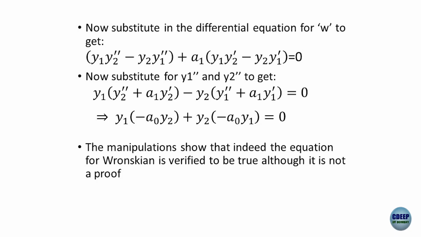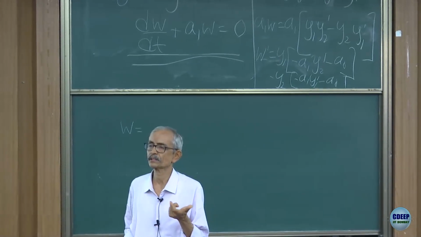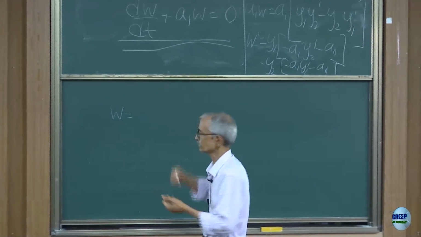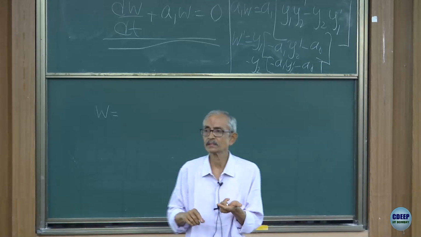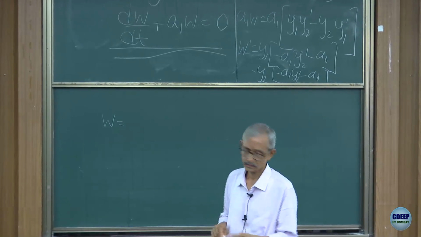Okay. So if W satisfies this equation, what's the solution therefore? Do I know the solution for a first order differential equation? We have seen this in the past. W equal to what?